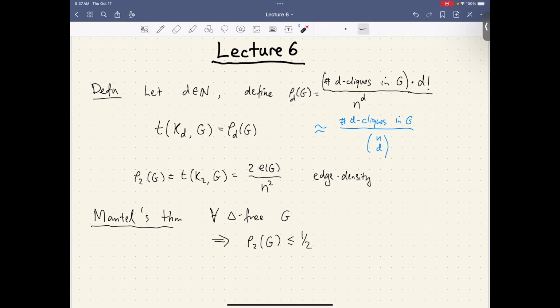If you do the math, if this is at most 1/2, we get that the number of edges of G is at most n squared over 4. This is what we're going to prove using entropy.